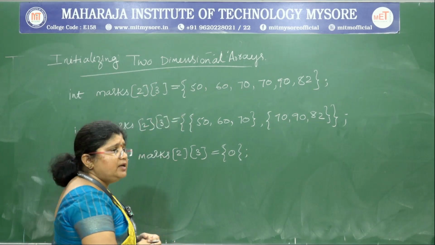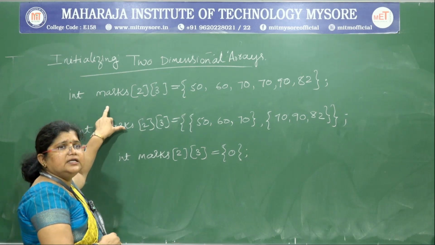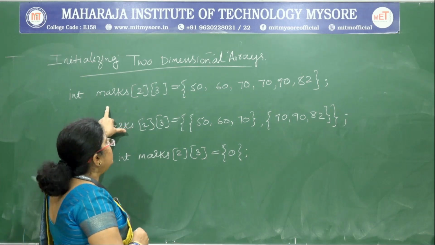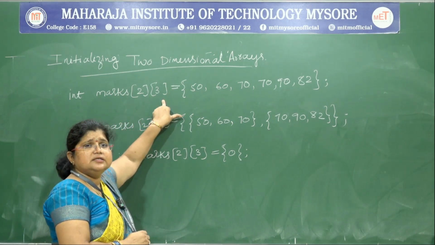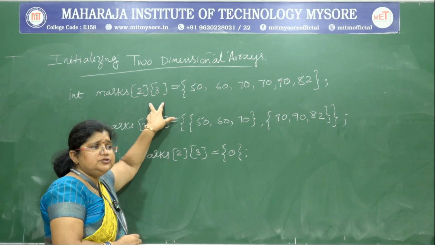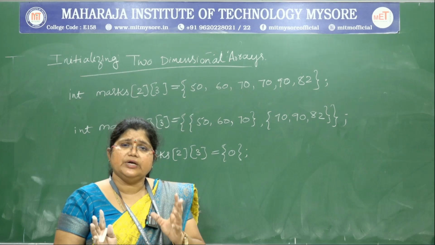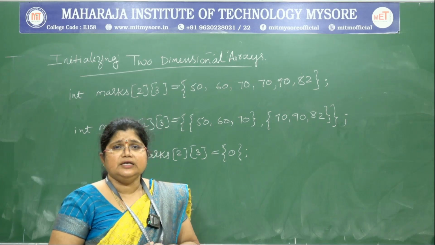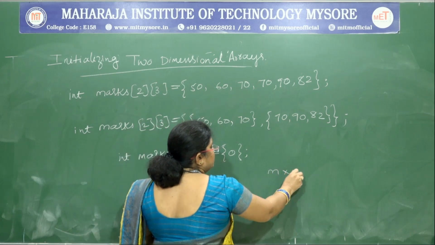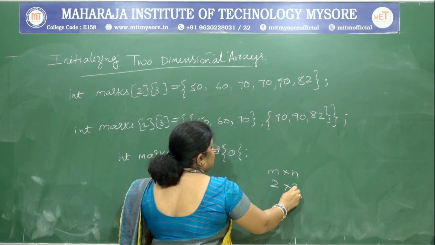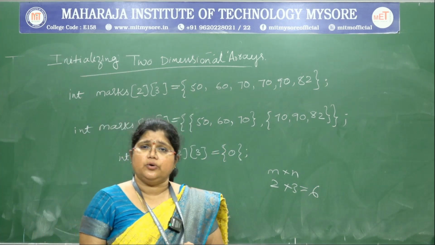With this example, the data type is integer, marks is the name of the array, the size of the row is 2 and the size of the column is 3. If you have 2 rows and 3 columns, the total number of data elements we can store in the table is 2 into 3, that is m into n. So a total of 6 elements we can assign to this memory location.